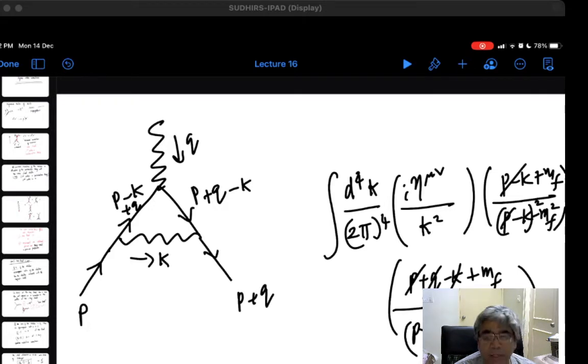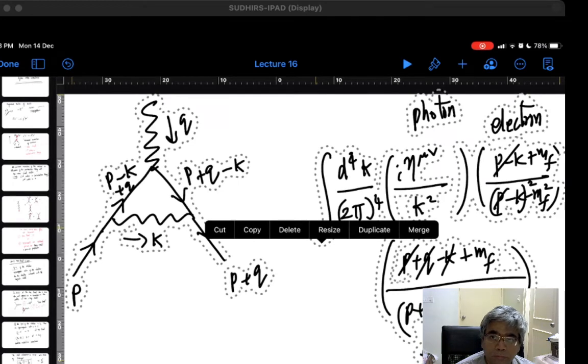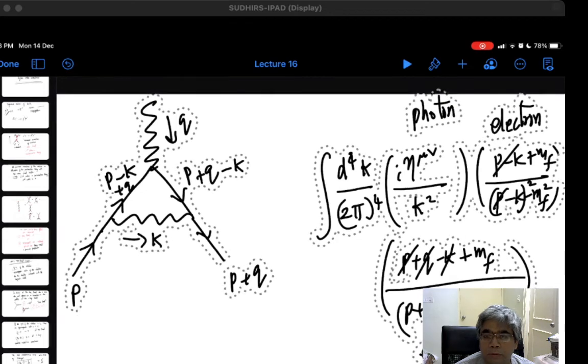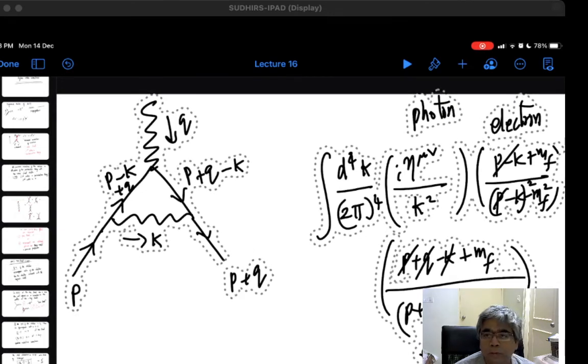But you can estimate whether it's divergent or not. Okay, these are the three propagators: photon propagator, electron propagator, and another electron propagator. Now you can see it better.